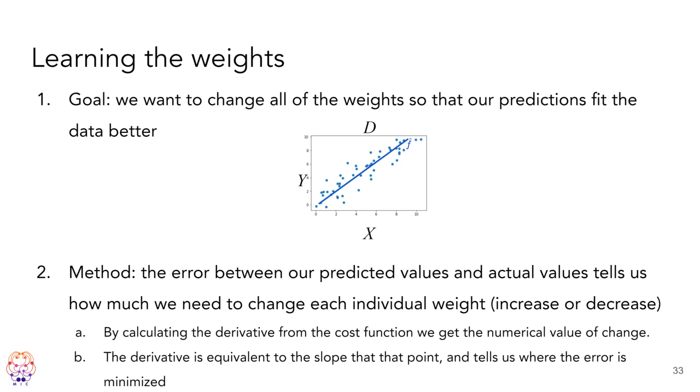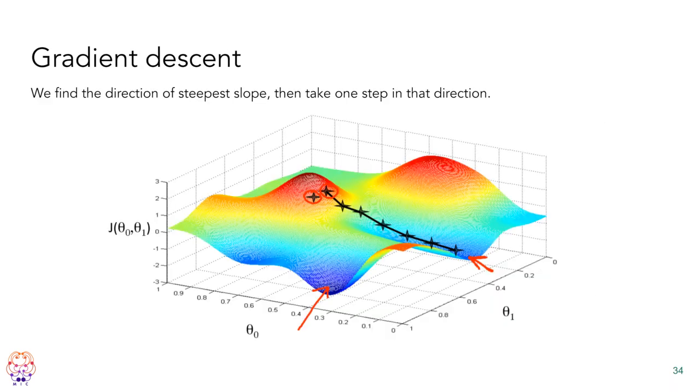Well, a more specific answer is that you calculate the derivative of the cost function, and you get a numerical value of change for each individual weight, and you change each weight by a small amount. The derivative is essentially the slope, and it tells us where to go in the direction of the lowest error. So here's a more graphical visualization.